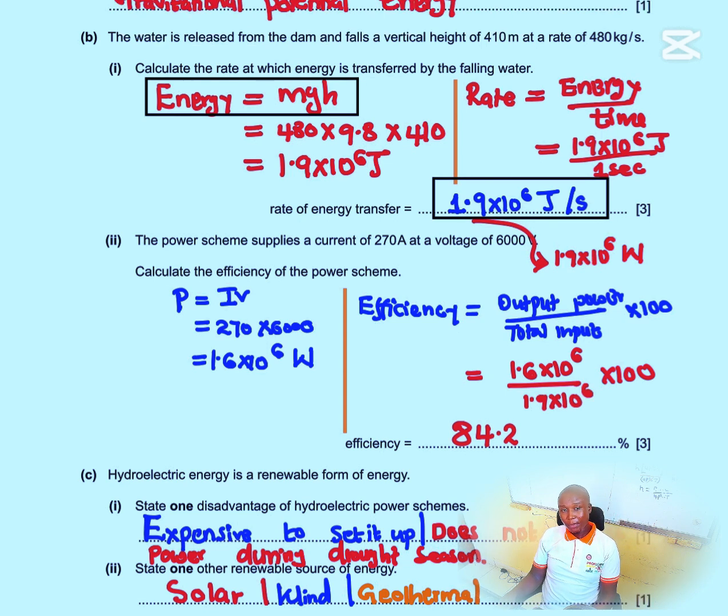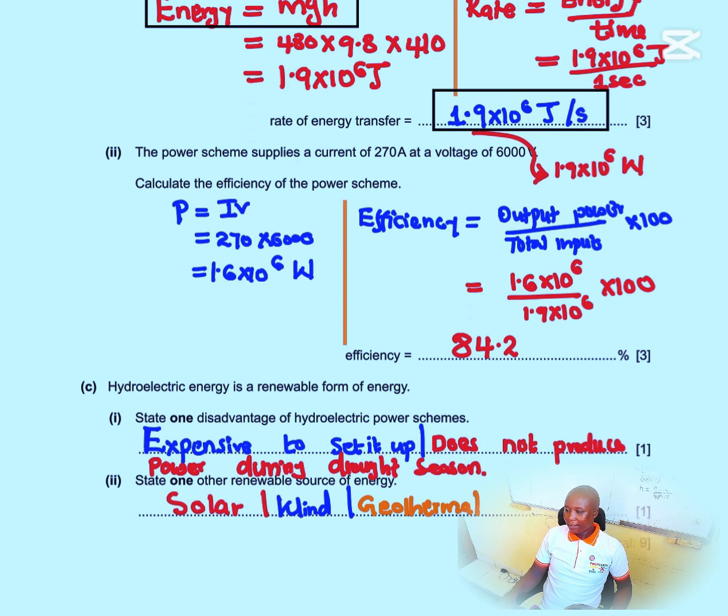So from electrical power, we know that power is equal to current times voltage. So if we multiply 270 times 6,000, we're going to get 1.6 times 10 to the power 6 watts. And efficiency is given by the formula: power output over total power input times 100. We get the efficiency.